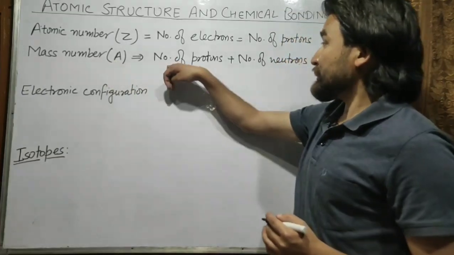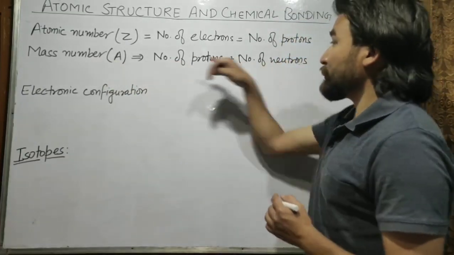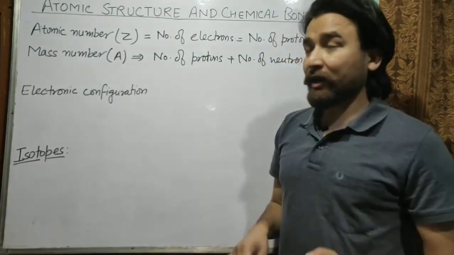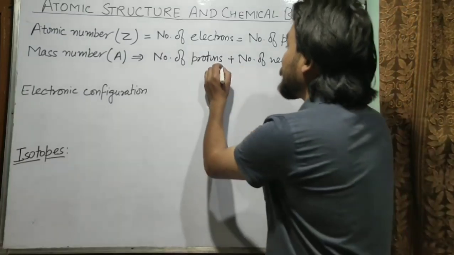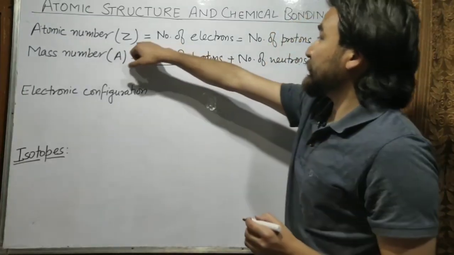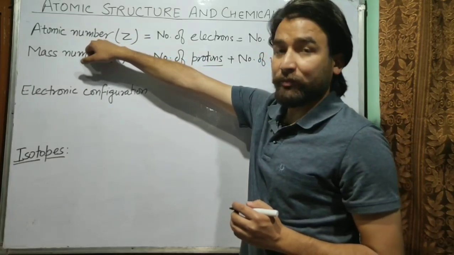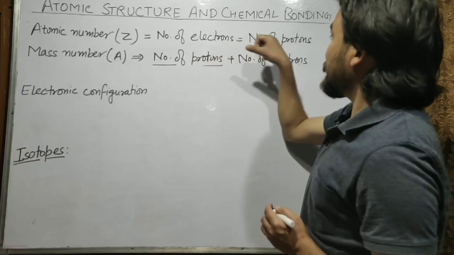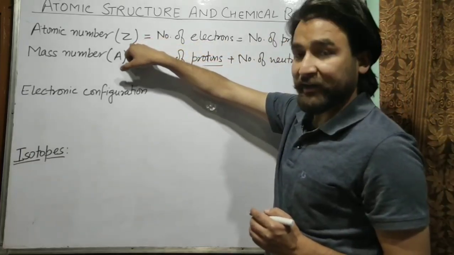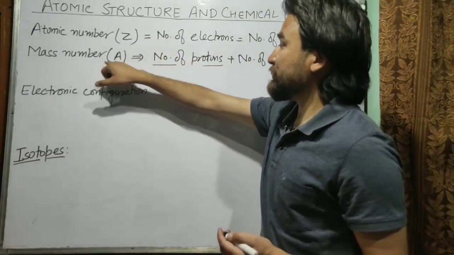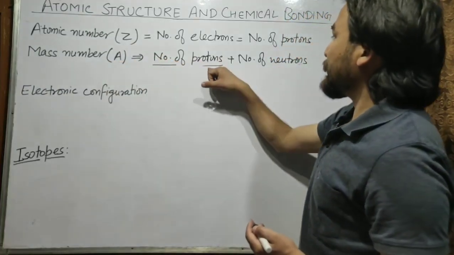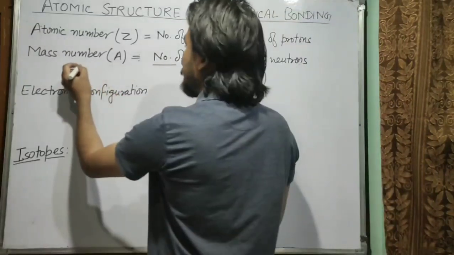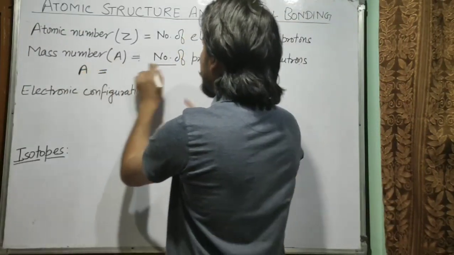So remember, the sum of number of protons and number of neutrons is known as mass number, and this is denoted by A. Now as you can see, the number of protons is equal to number of electrons, that is Z, or atomic number, and mass number, that is A, is equal to number of protons plus number of neutrons within the nucleus of any atom.